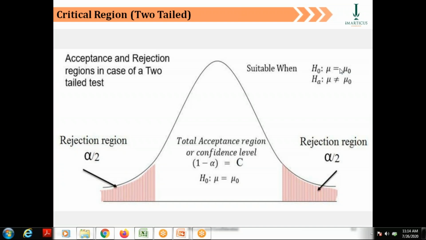Less than or greater than symbol is used in the case of one tail, be it lower tail or upper tail. This is the same story it is conveying. I hope it is clear.